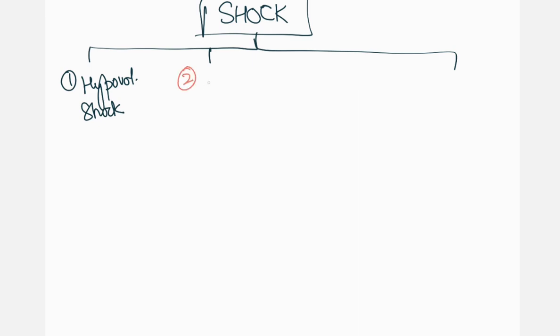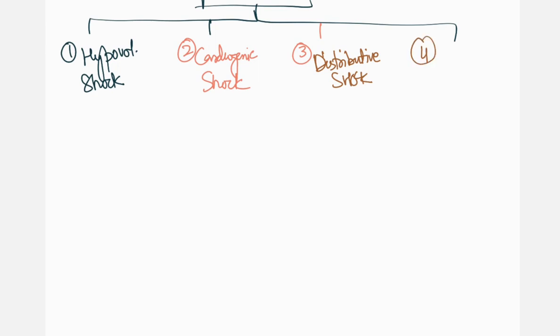The second one is cardiogenic shock. The third one is distributive shock. And the fourth one is obstructive shock. These are all the types of shock. We will discuss them one by one.